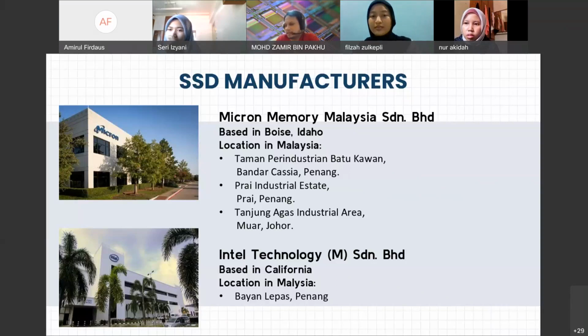Material used to fabricate SSD. Yes. Is that right, Amirul? What is the material to fabricate the SSD drive? Okay, so proceed. Anyone would like to answer that?